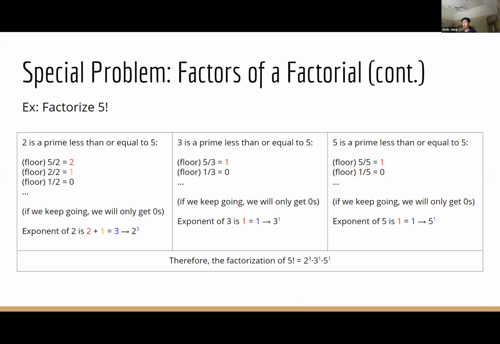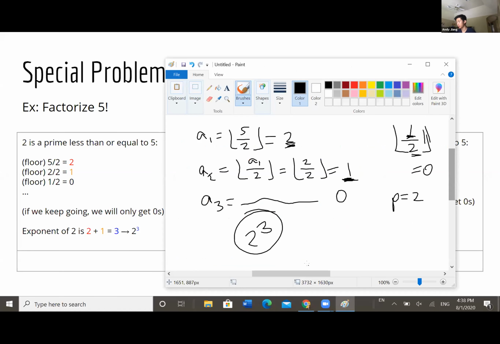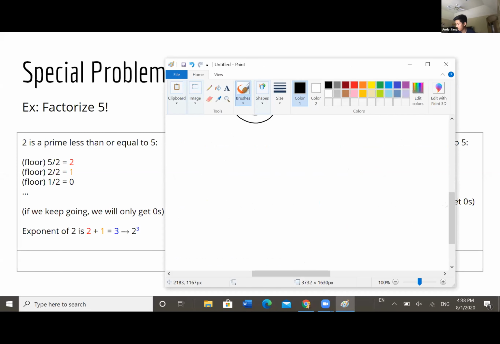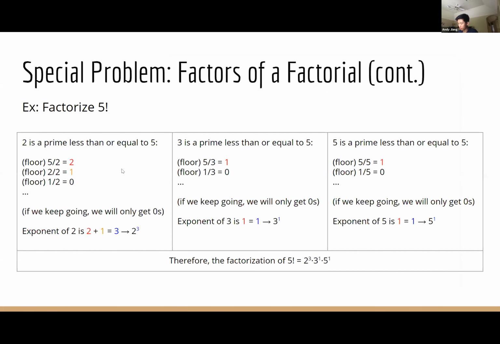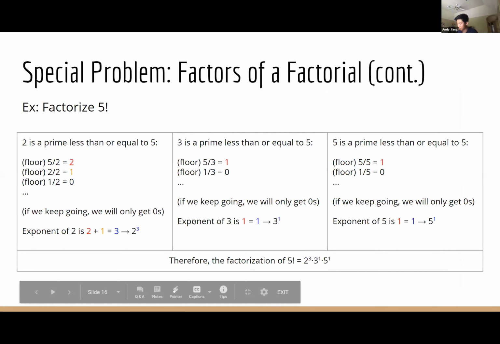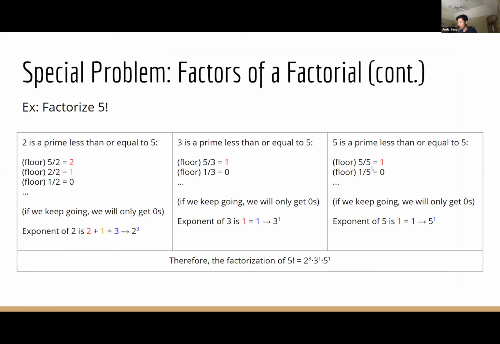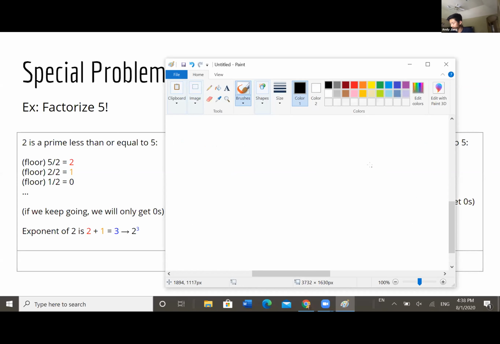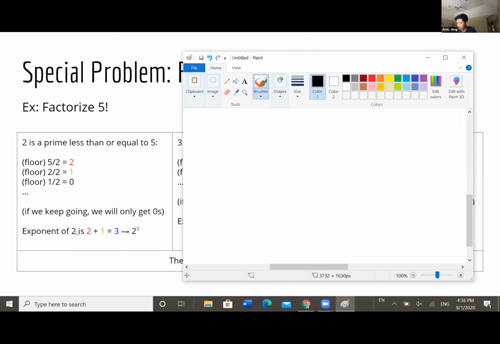So before we get to that, first off, why does this actually work? Well, if I can show that this idea works for 2, then you would believe me that it works for 3 and 5 and all primes, right? So I'll just show that this process works for finding the exponent of 2.